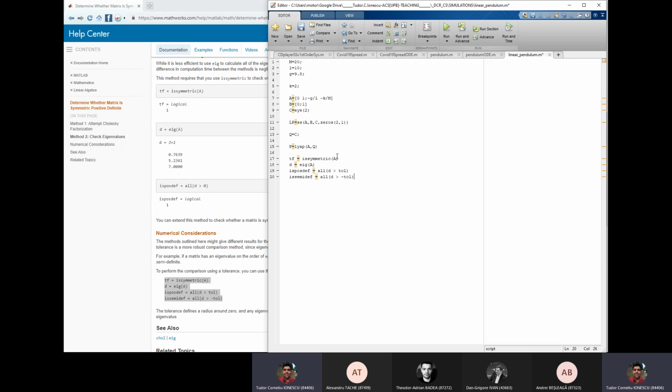Oh, here is issymmetric P. I'm interested. eig P. You don't want to look at them. Let's use tol. Tol should be what? 0.0001, something like that, right? Yeah, I agree.